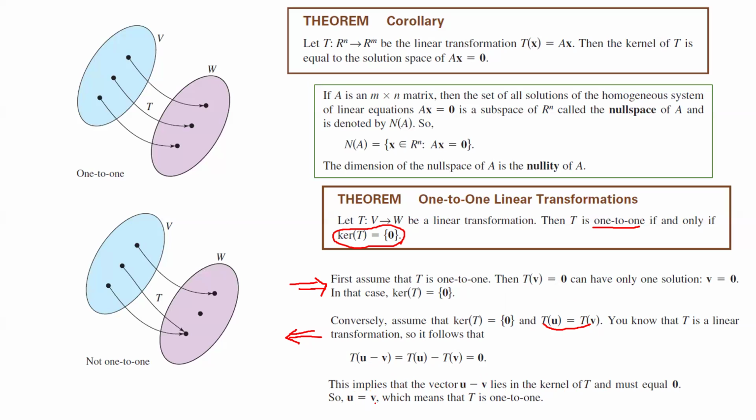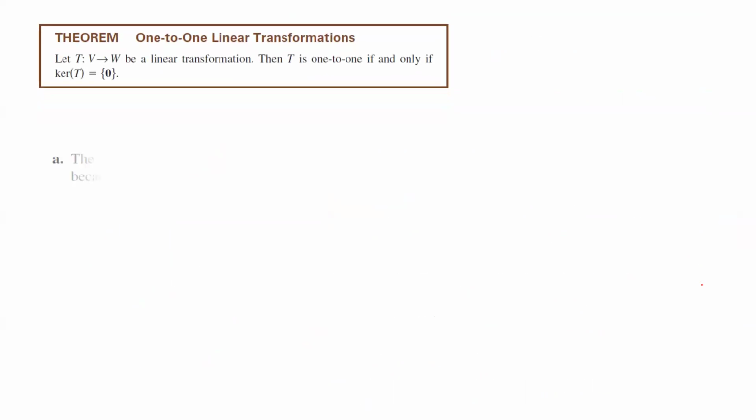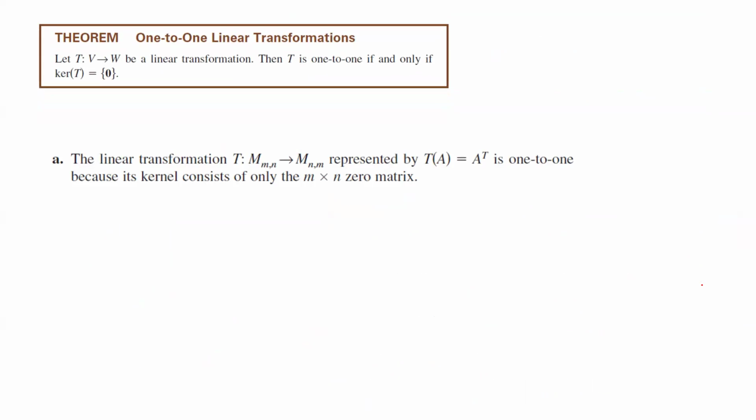So U must be equal to V, which means that we proved that if the kernel is 0, T is one-to-one as well. So we just proved this theorem: T is one-to-one if and only if the kernel of T is equal to 0.